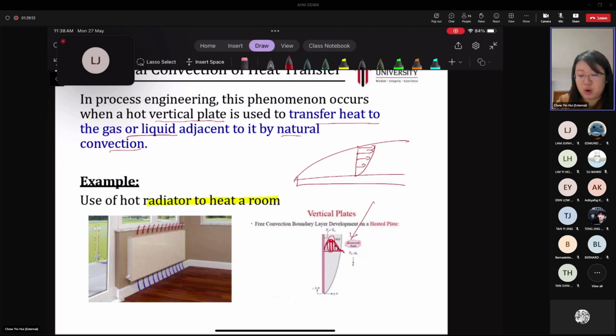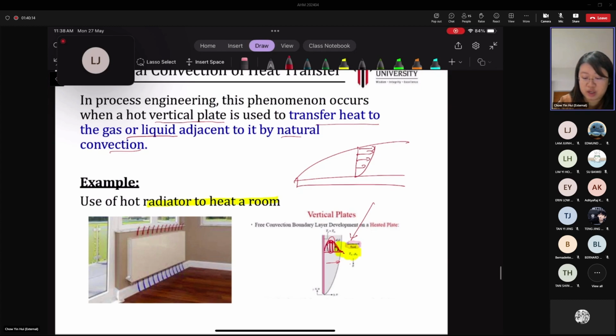Because the heat has not penetrated deeply enough into the bulk fluid yet. So the mixing didn't quite reach this part when it's further away from the plate. That's how the velocity boundary layer looks for natural convection.